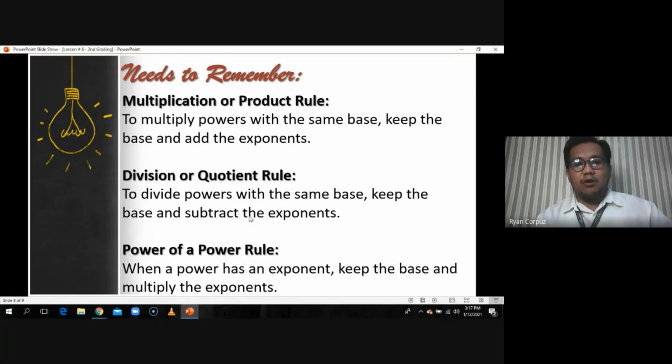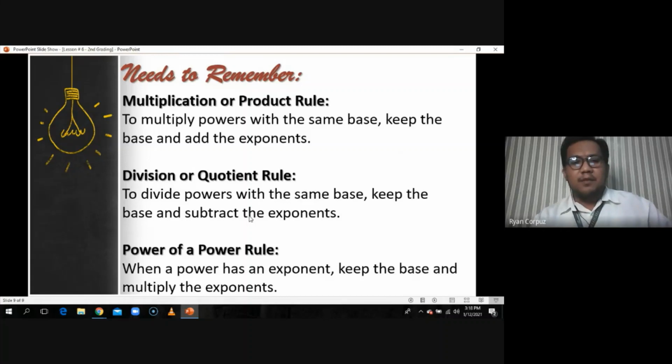So sabi dito, to multiply powers with the same base, keep the base and add the exponents. So that's with the application of the product rule. When multiplying powers with the same base, copy the base, then add the exponent. That is what we mean by product rule.